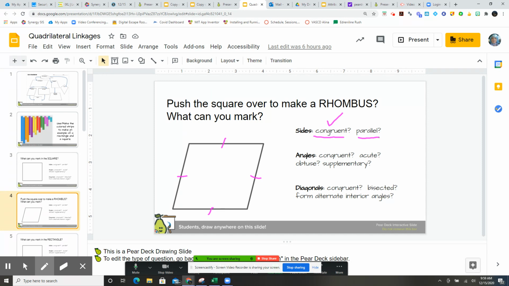Those sides are still parallel. How do I mark the parallel sides? Arrows, right? So we're going to do congruent with tick marks and parallel with arrows. Are the angles congruent? Or maybe I should say which angles are congruent?